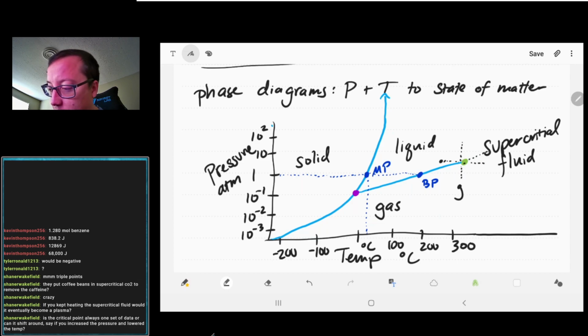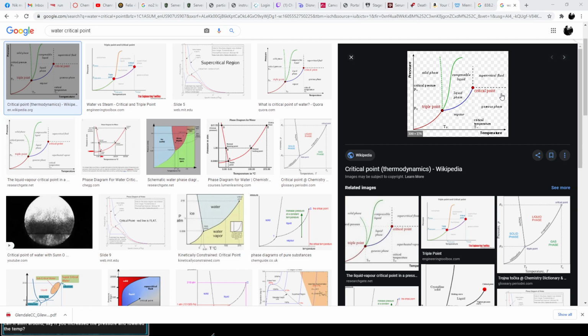We're going to just assume this goes well here. Let me show you a prettier graph. Yeah, this will work. Okay. If we look at this one, we can see at that critical point, if we mess with the temperature, say we're still just below the critical point, and we increase the temperature, we're still going to be a gas.